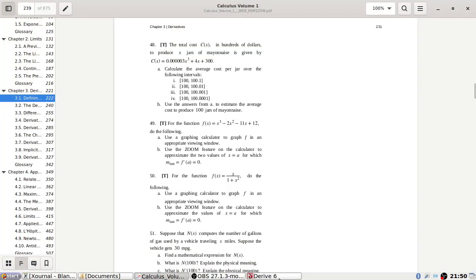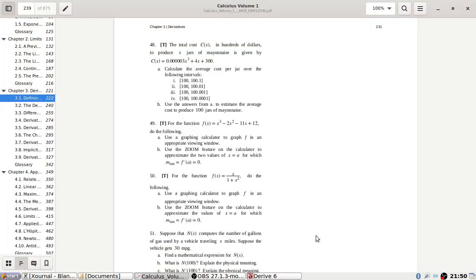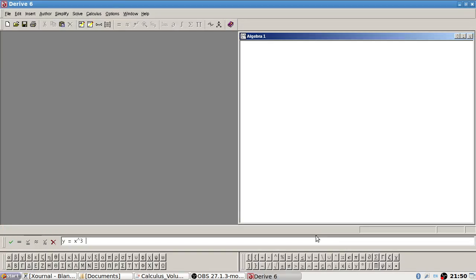Okay. We have y equals x cubed minus 2x squared minus 11x plus 12.